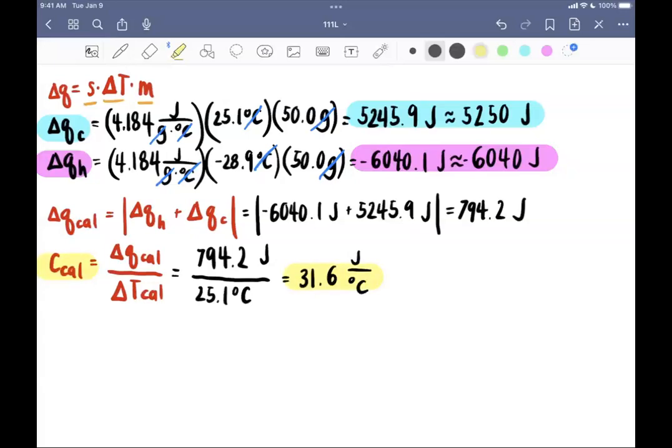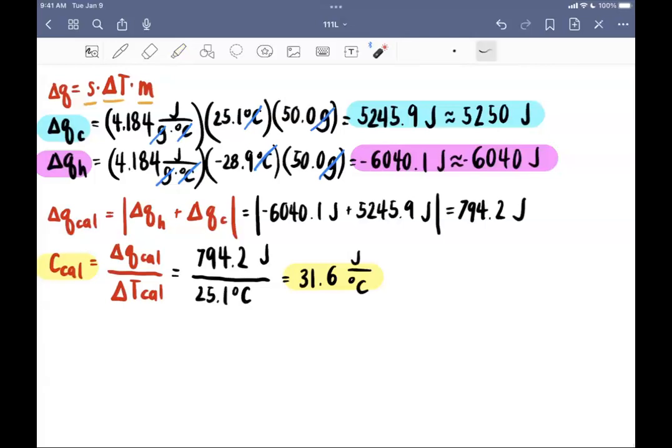And so that's our objective for activity 1. And you'll recall that you had 2 trials so that you can take the average heat capacity of the calorimeter. For example purposes, we're just working through this once.